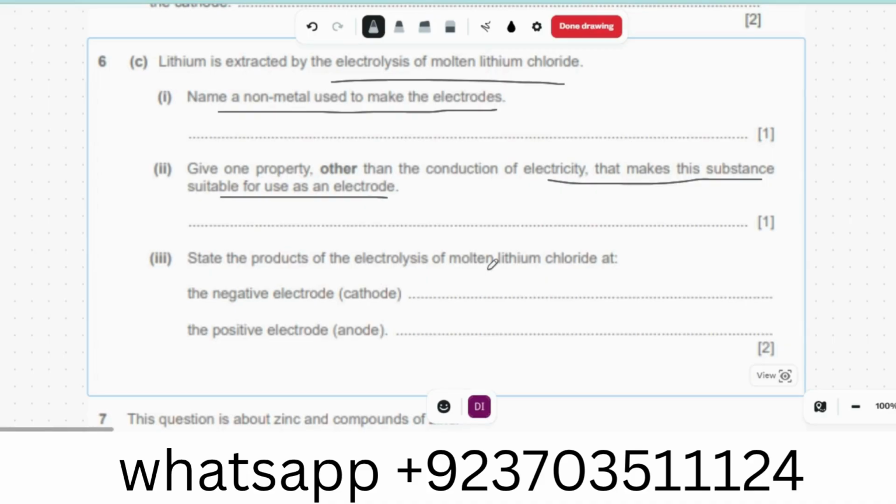State the products of electrolysis of molten lithium chloride. At the negative terminal we have lithium, whereas on the positive terminal we have chlorine, Cl minus.